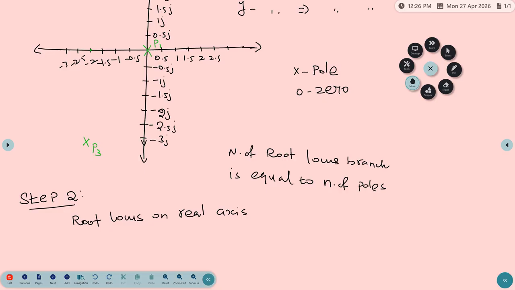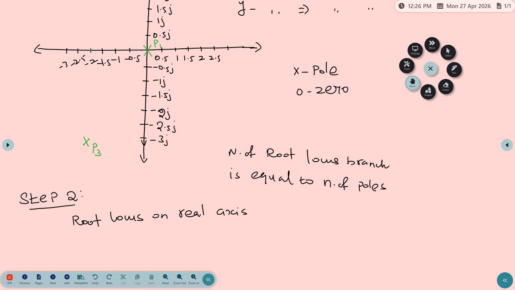We need to check whether any pole or zero is present on the real axis.